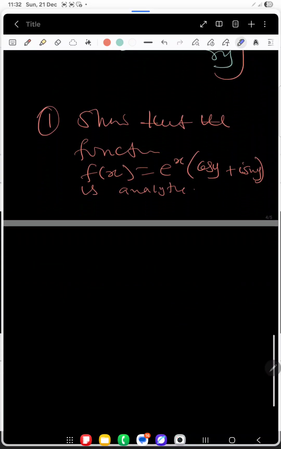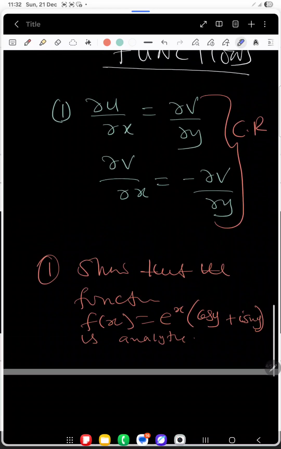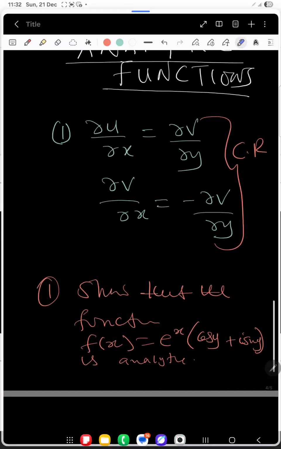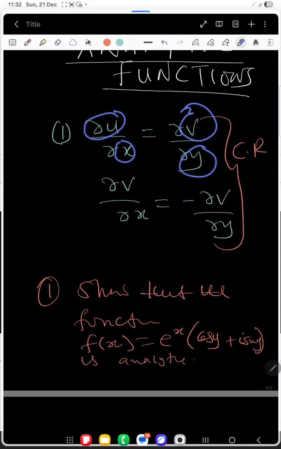So let's do that. To show that it satisfies the Cauchy-Riemann equations, you are supposed to differentiate x in the u, y in the v, x in the v, and y in the u.